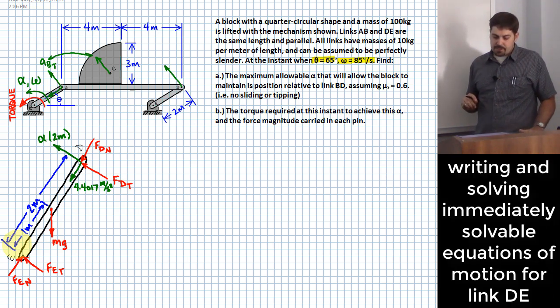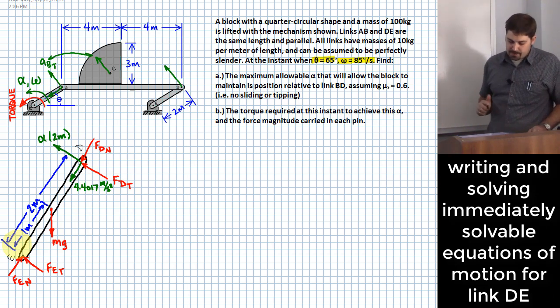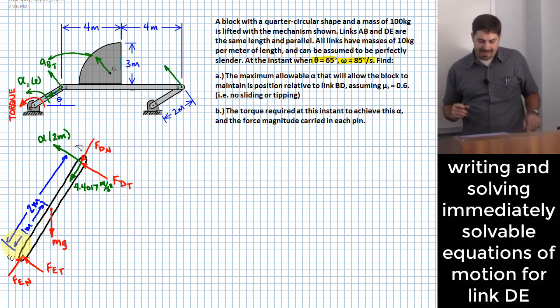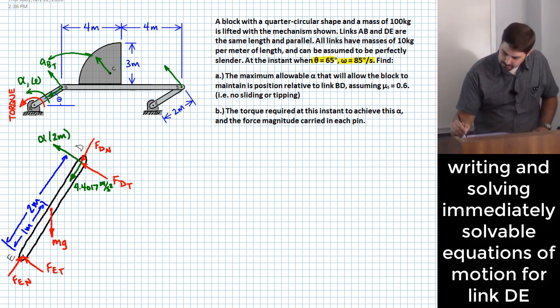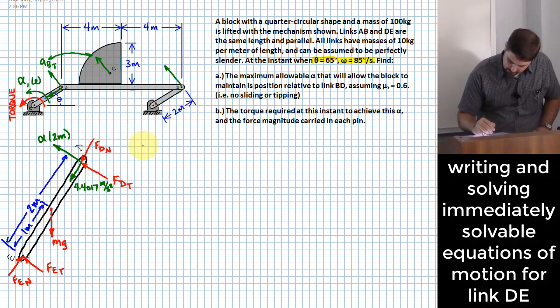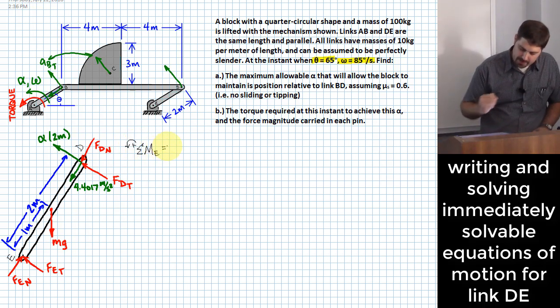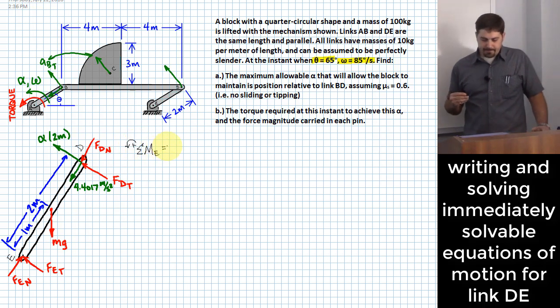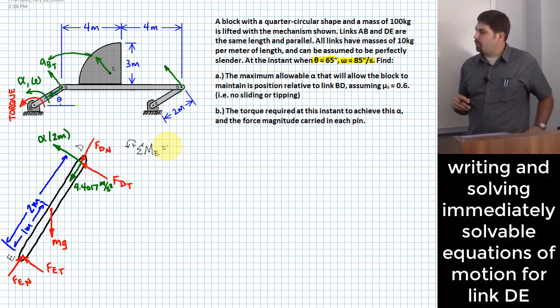Why don't I start by summing moments around point E? Again, I'll take counterclockwise to be positive. What's nice about summing around point E is that I eliminate at least 2 of the things that I don't know.